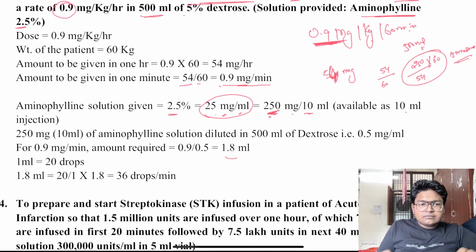Second method. 250 milligram in 10 ml of aminophylline solution is dissolved in 500 milliliter of dextrose.